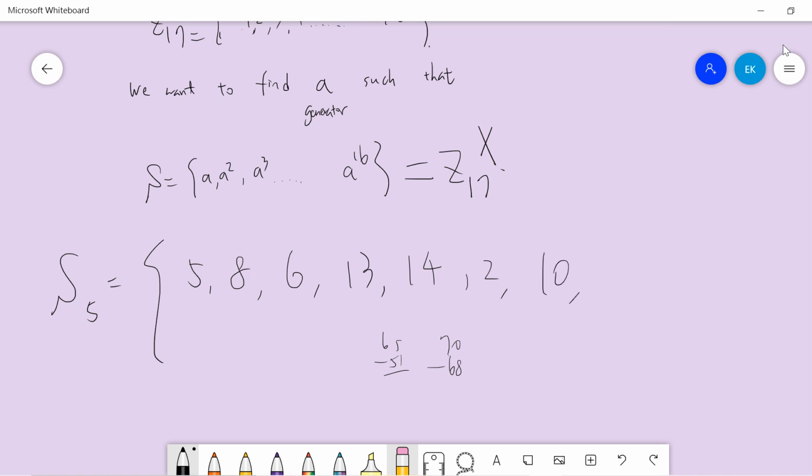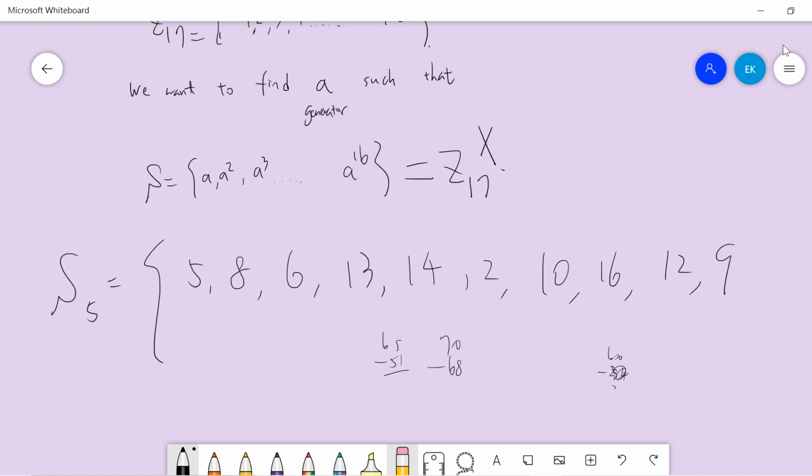Then 10. 50 modulo 17 is 16. 80 modulo 17 is 12. 60 modulo 17 is 9.